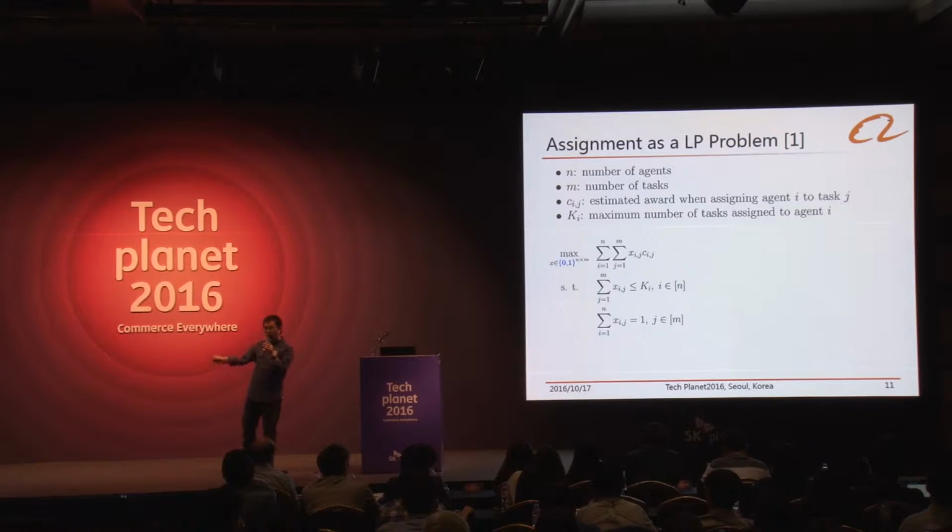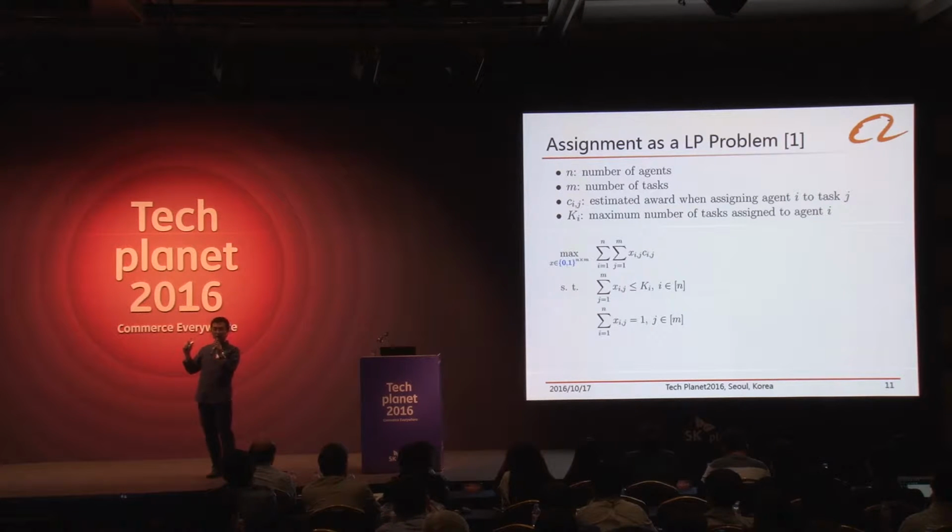So for the equation that people see on the screen, we have a decision variable called x_ij. This decision variable decides who is going to perform which task. So if x_ij is 1, it means agent i is assigned to perform task j, otherwise x_ij should be 0.